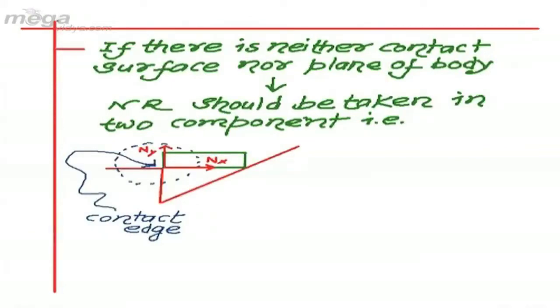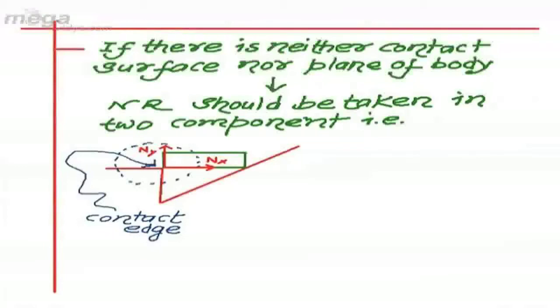If we do not take these two components, then our answer will be wrong. That's why what I am explaining here is applicable to get the solution of a particular problem where this type of forces are involved.